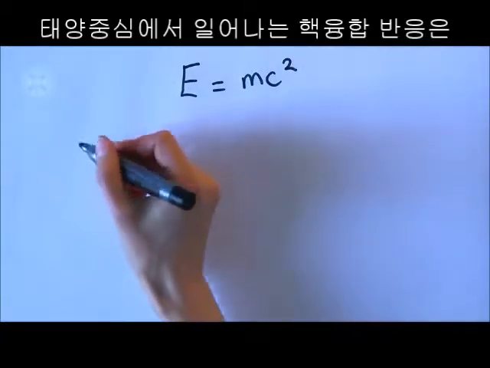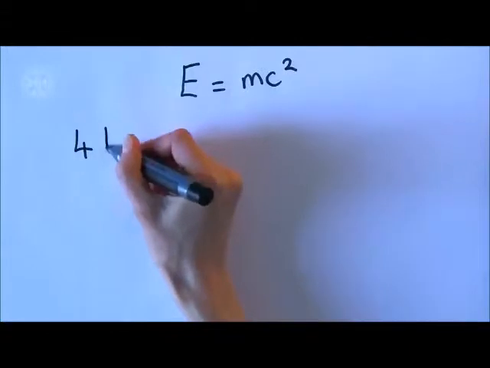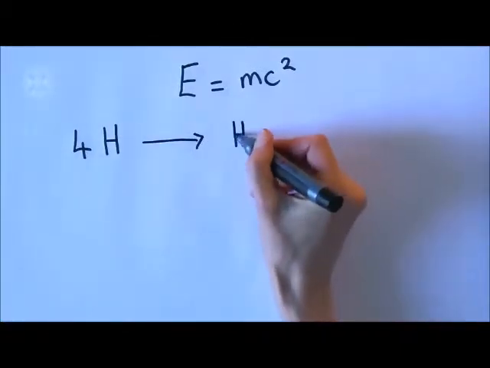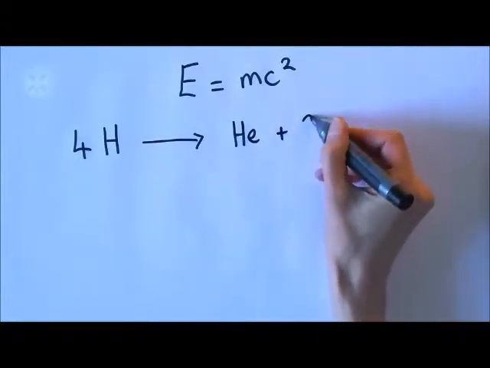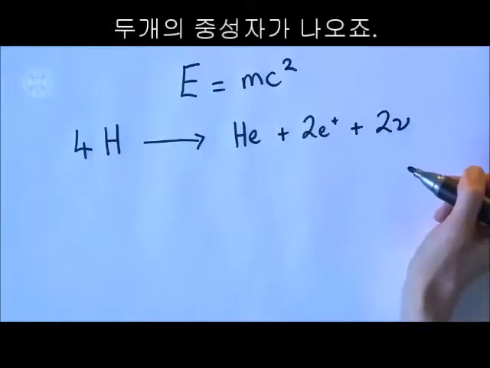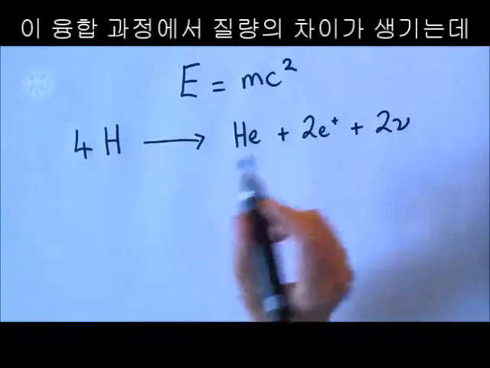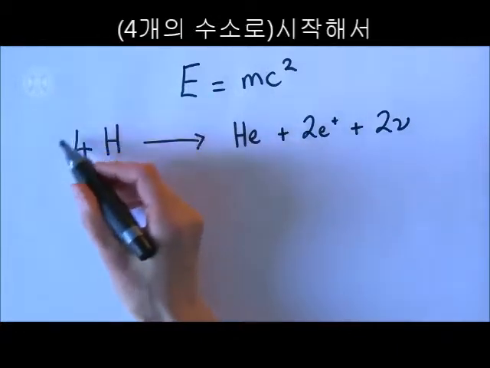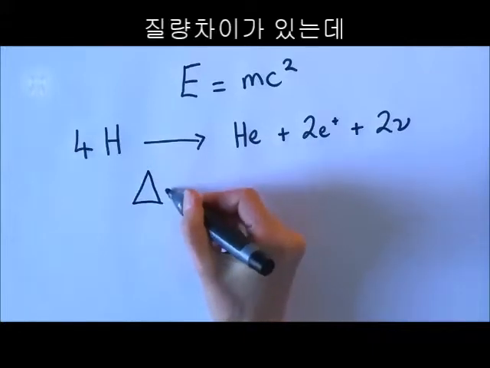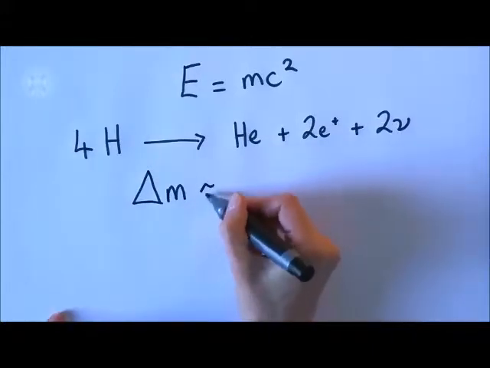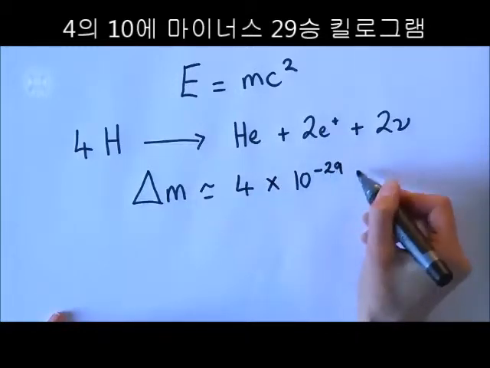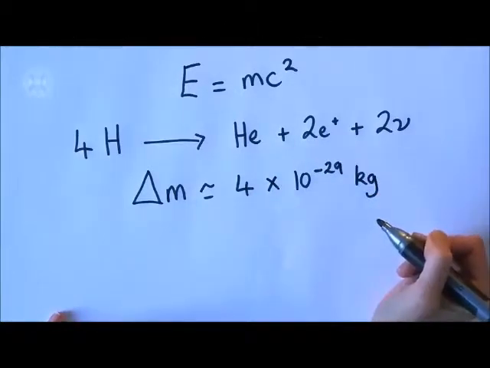Now, the fusion reaction that's going on in the centre of the Sun fuses 4 hydrogen together to make helium, some positrons, and some neutrinos. Now you can look at the difference in the mass at the start and the end of the fusion reaction, and the difference in mass is about 4 times 10 to the minus 29 kilograms.